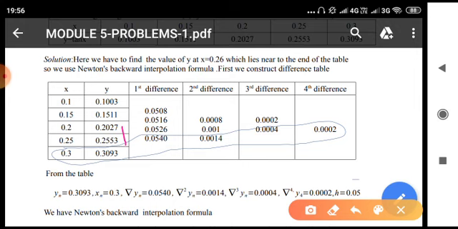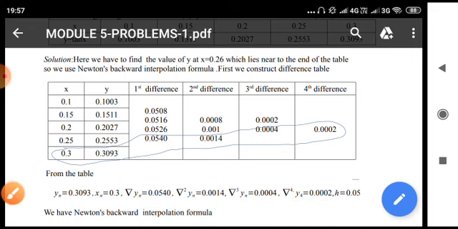0.2553 minus 0.2027 is 0.0526, and 0.3093 minus 0.2553 is 0.0540.